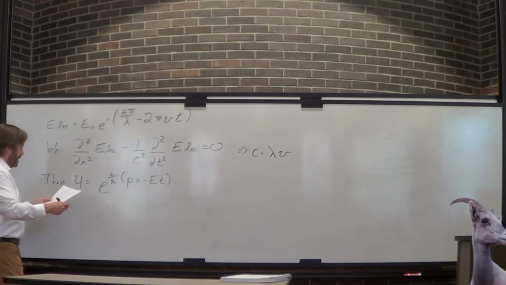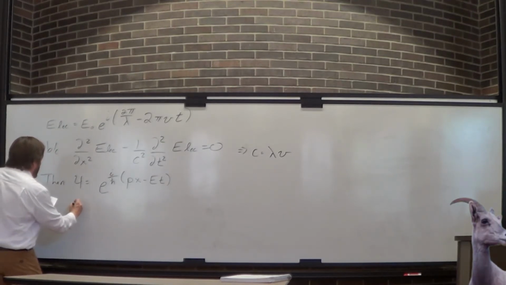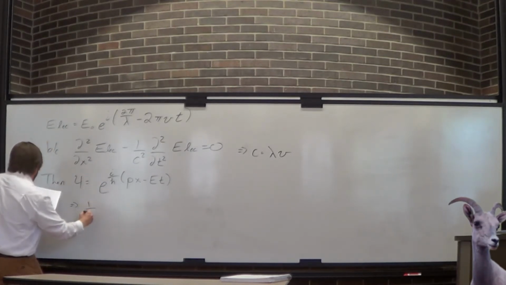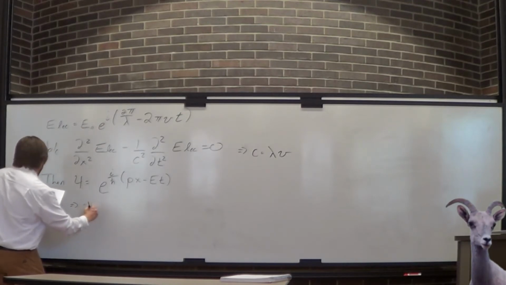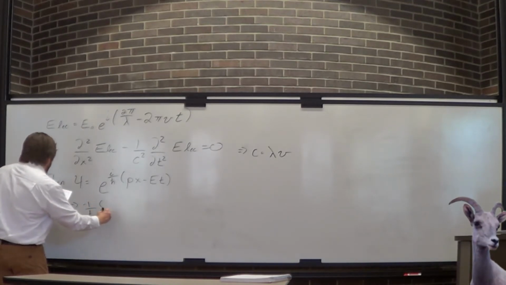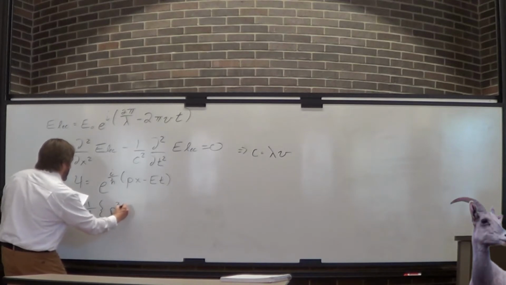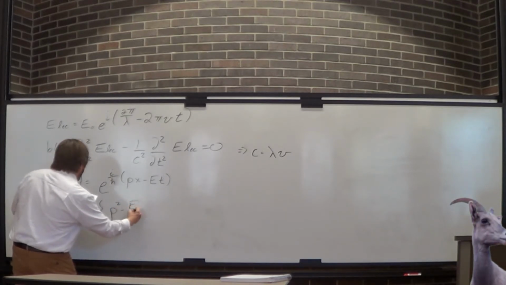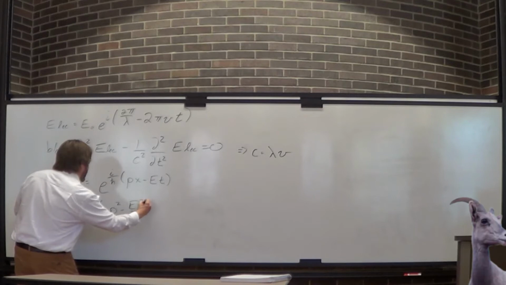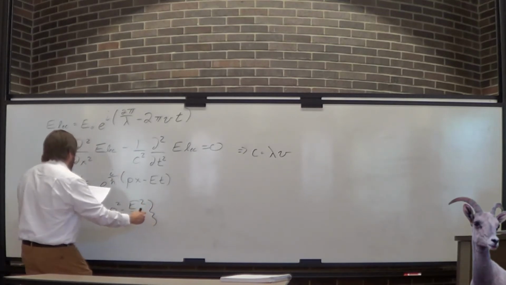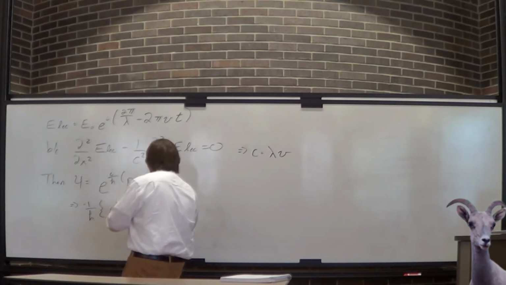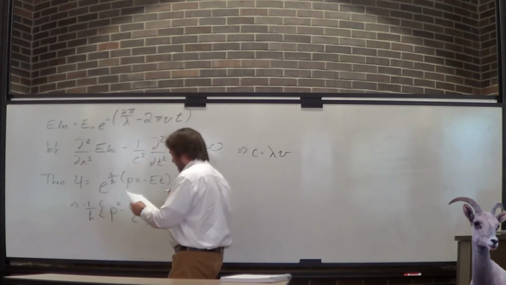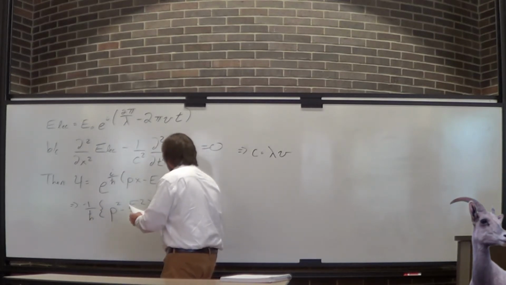And then you plug that back into the wave equation, the differential equation, and you end up with some innards that have to be zero. This has to be zero, the interior, because the constant's not zero. That doesn't make sense.